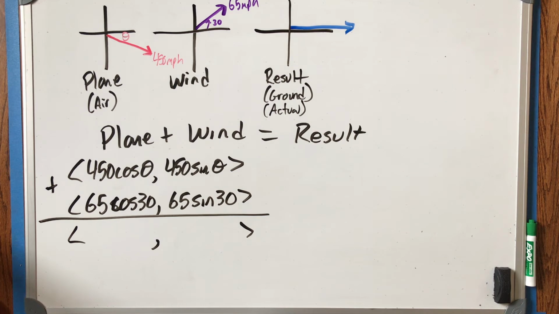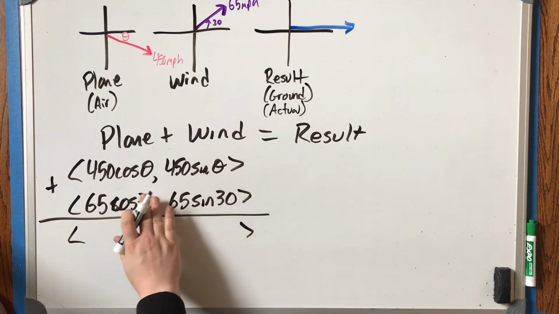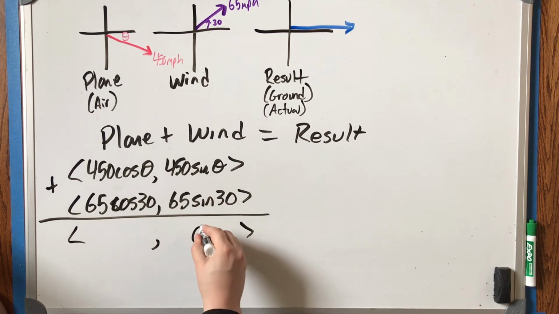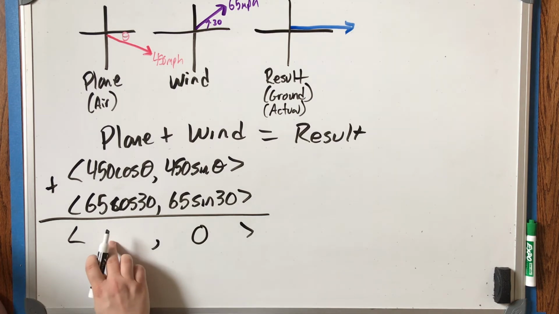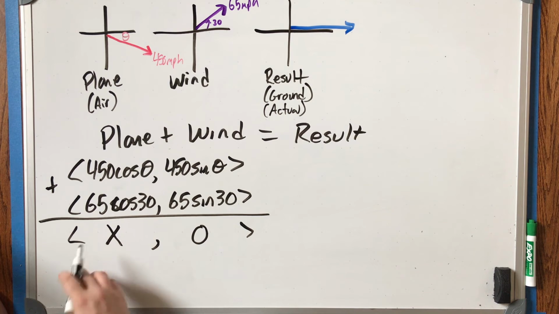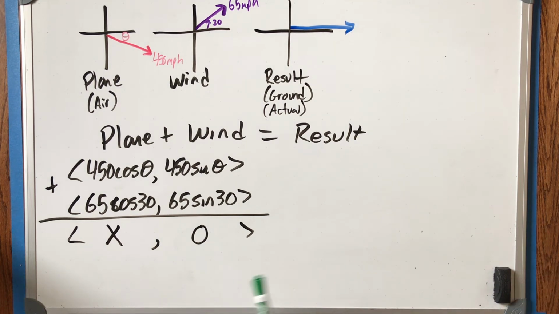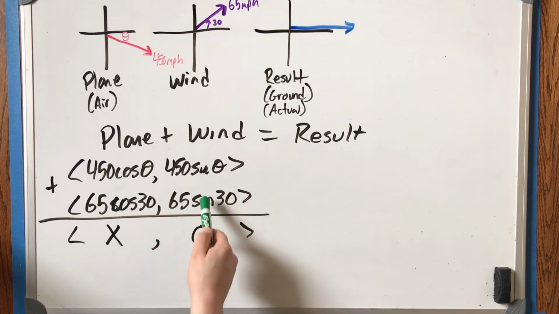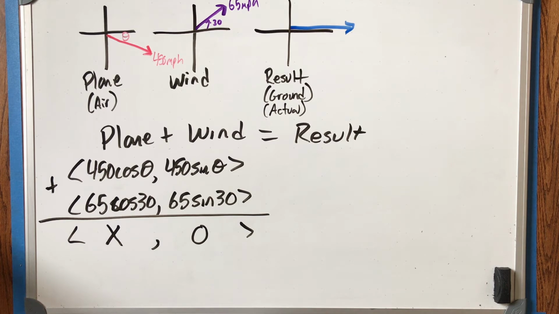Now, the resulting vector, I know its direction angle is 0. So when I do cosine of 0, that's going to be 1, and sine of 0, that's going to be 0. So I know this value is 0. And this one, I don't know how fast the plane is actually going. I don't know its ground speed because I haven't calculated what's going to happen when I combine these things. So right now, this is an unknown value. I can just add the x values together, and that will give me the new x value, add the y values, and that gives me the new y value.